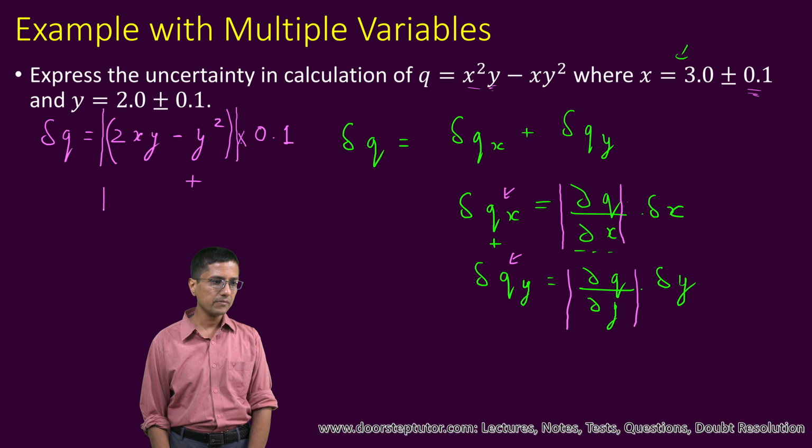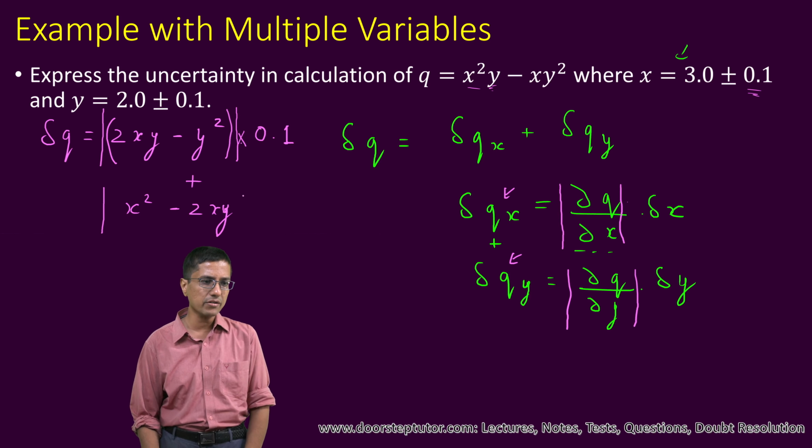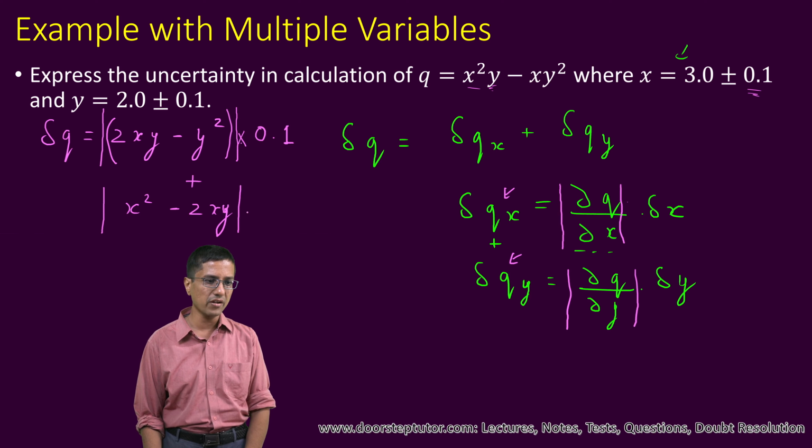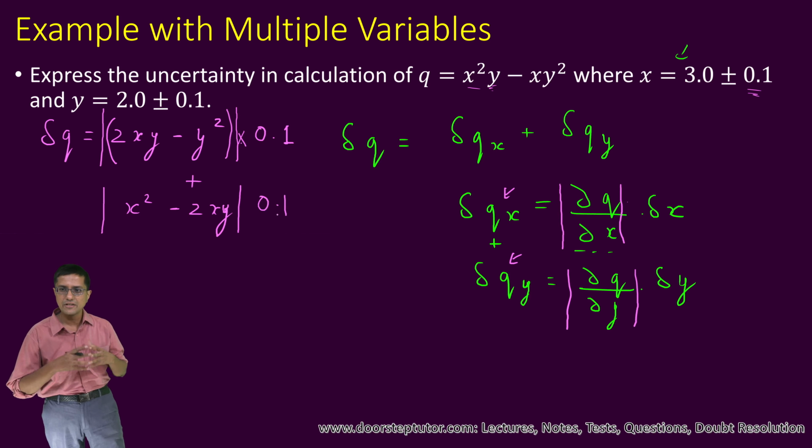Plus absolute value, when we are differentiating with respect to y, this becomes x square minus 2xy. Now for differentiating with respect to y, we are keeping the x constant. We are just treating it as a constant, assuming it does not change at all, into 0.1. So this is our delta q, the net error in q.